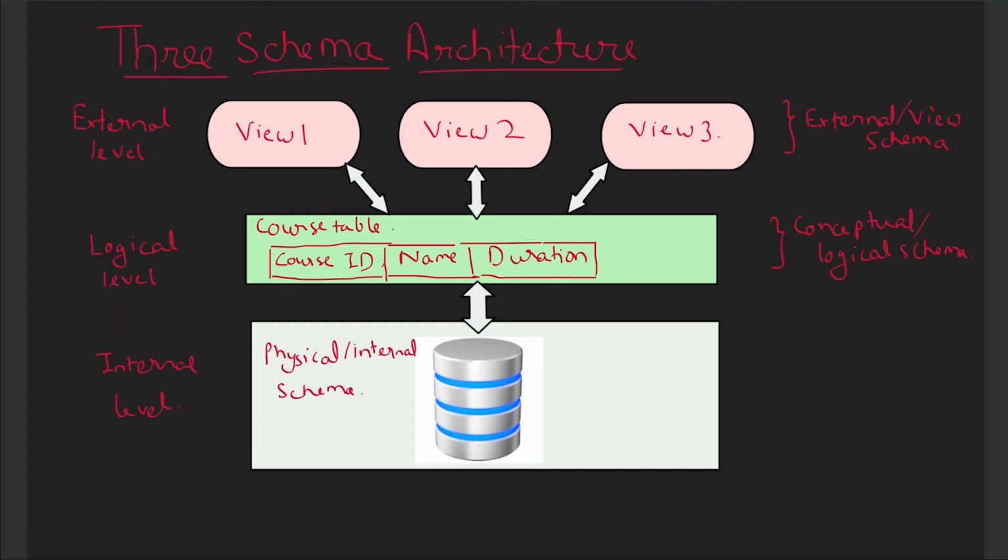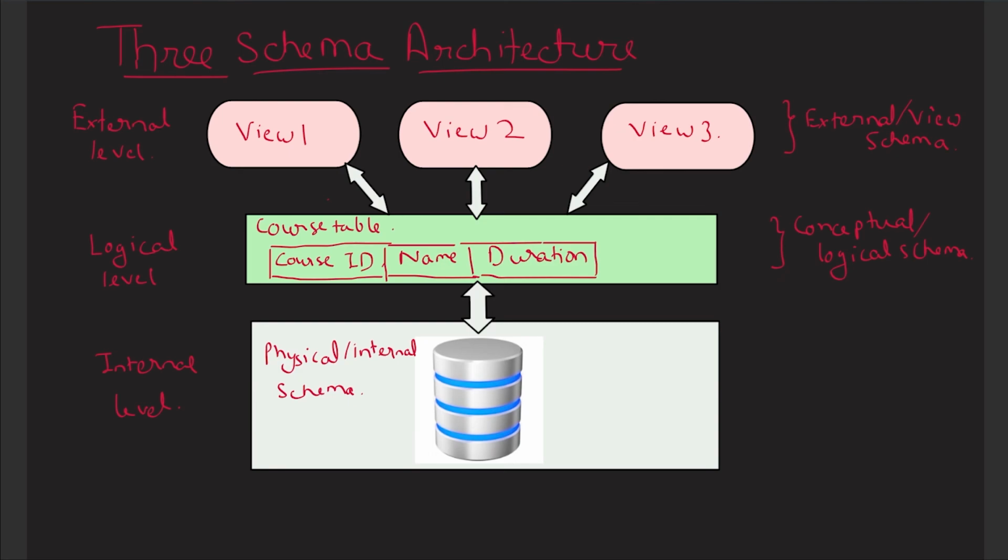The user can only see the data that he or she may be interested in, and not information like where their data is stored and how it is stored, or what the relationship is between their data and others' data. This type of information will not be accessible to the users.